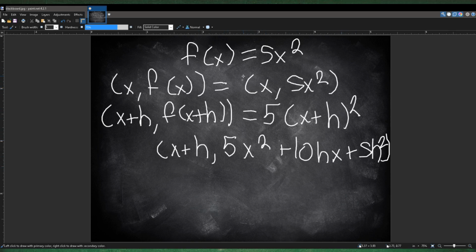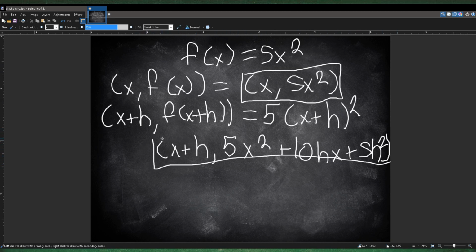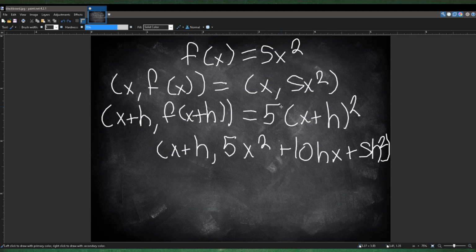Now we have these two points. Let's try finding the slope. The average slope is the change in y over the change in x. If we subtract the two y values, we have 5x squared plus 10hx plus 5h squared minus 5x squared.